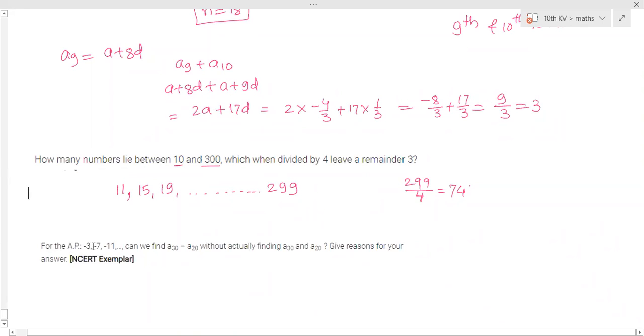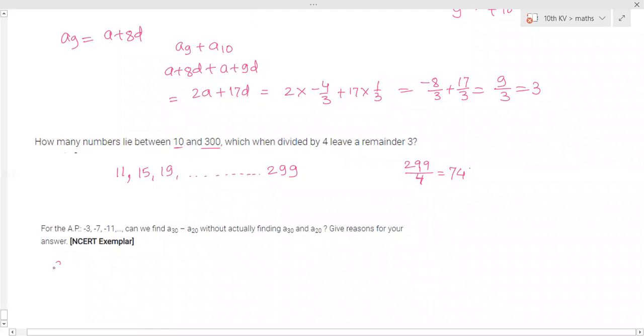For the AP minus 3, minus 7, minus 11, can we find a30 minus a20 without actually finding the 30th and 20th term? So directly substitute the values of a30 and a20, that means in terms of the formula, not the values. We have to calculate a30 minus a20.